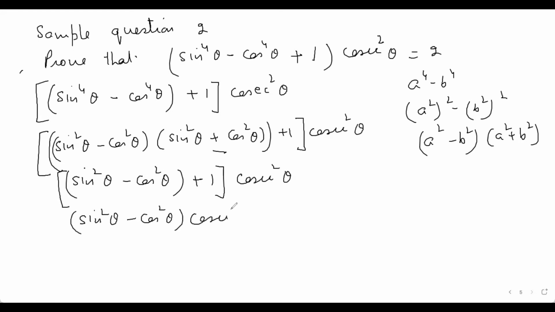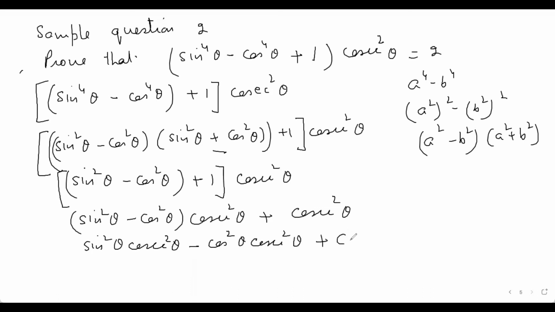Now I'll have (sin²θ − cos²θ) into cosec²θ plus cosec²θ. Now multiply this: sin²θ cosec²θ minus cos²θ cosec²θ plus cosec²θ. That is equal to 1 minus cos²θ, and cosec²θ can be written as 1 over sin²θ, plus cosec²θ.